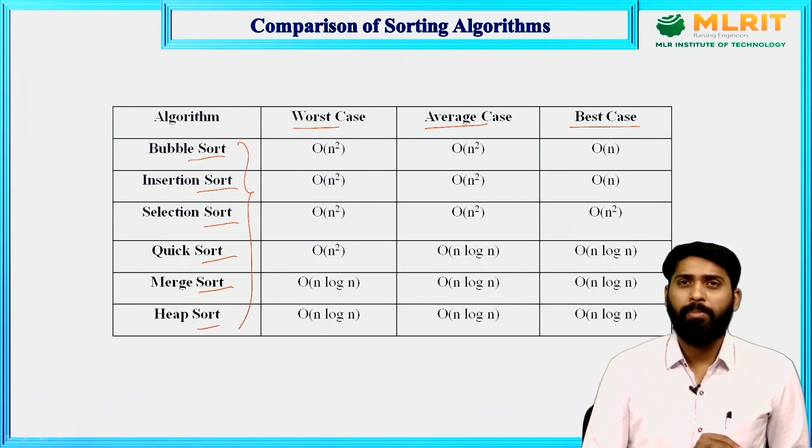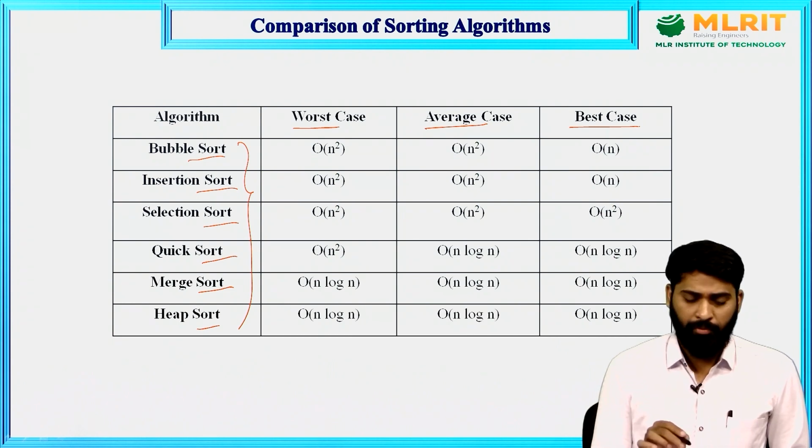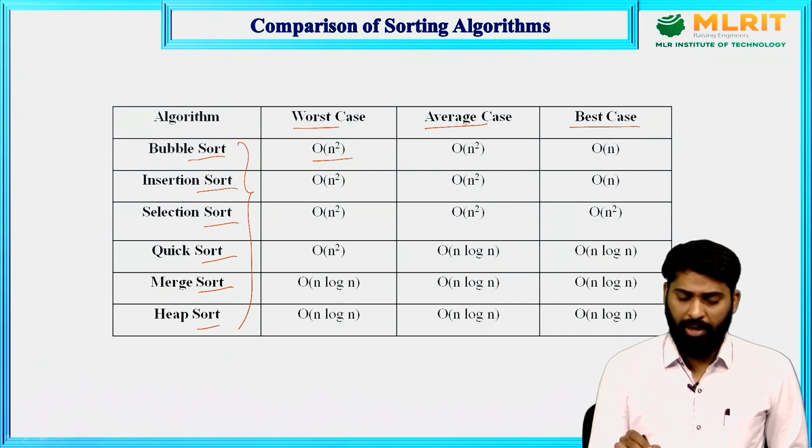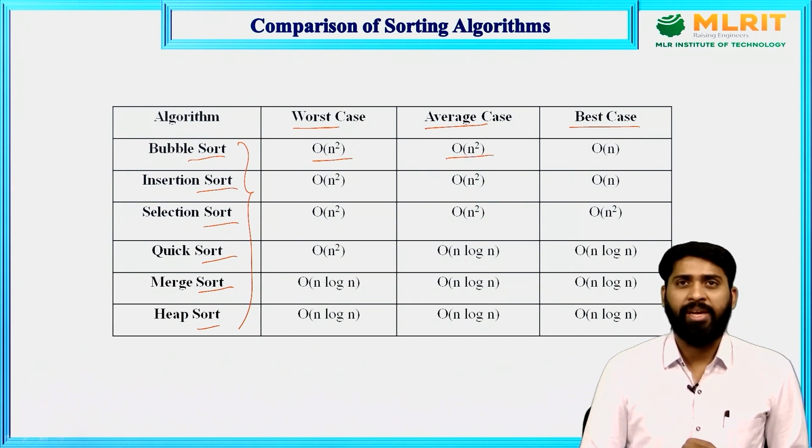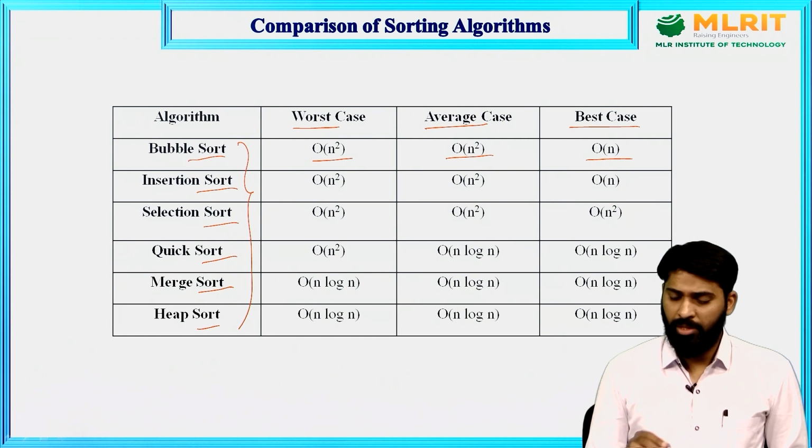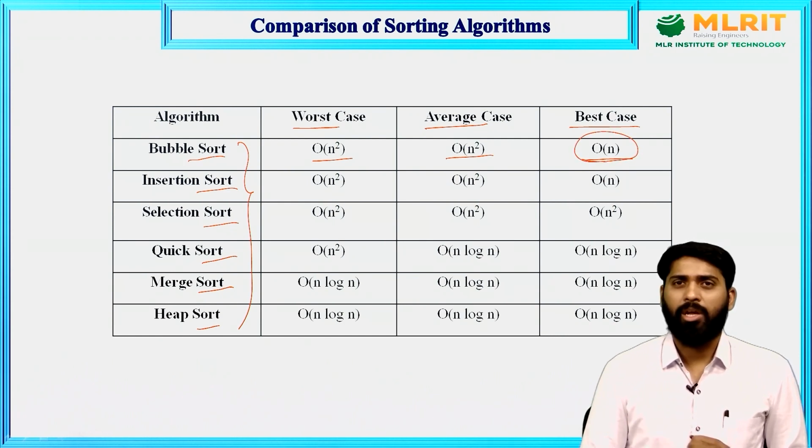So, coming to bubble sort, the worst case time complexity is big O of n square, for average case it is big O of n square, for best case it is big O of n. In bubble sort, if you give the input already in sorted order, then there is no need for swapping. So, in this case, which we consider as the best case, the time complexity is big O of n.